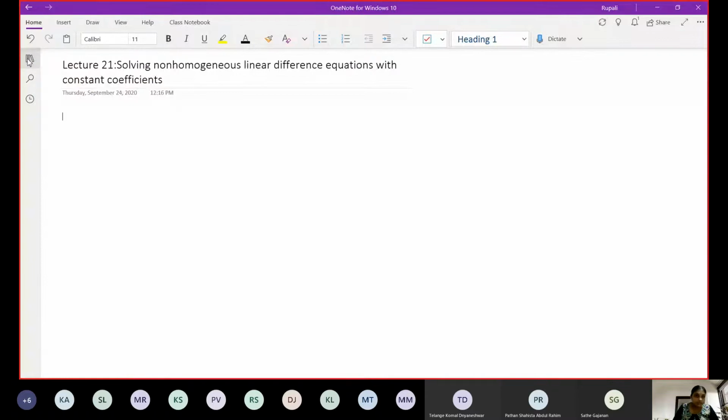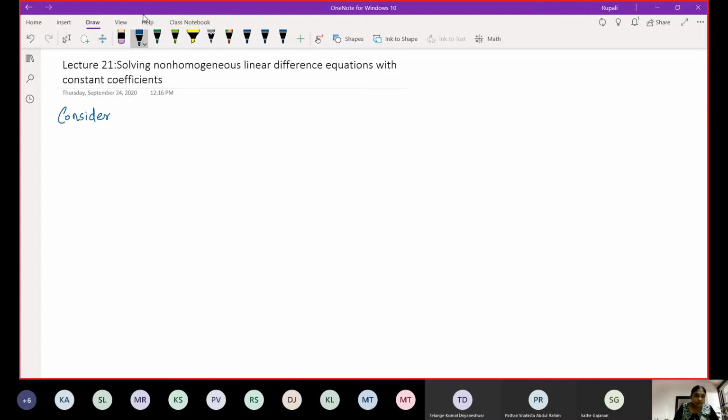So consider a non-homogeneous linear difference equation with constant coefficients as follows.